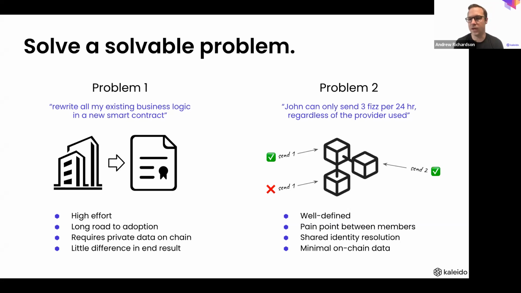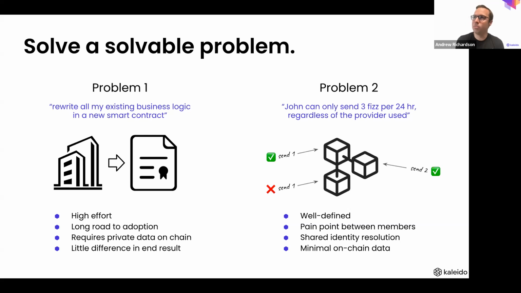On the other side here, I have another arbitrary problem, but saying, okay, we have a network of some sort of providers, and an individual participant in this network can only send 3 fizz per 24 hours, regardless of which provider he's coming after. Now, this is a very concrete problem.